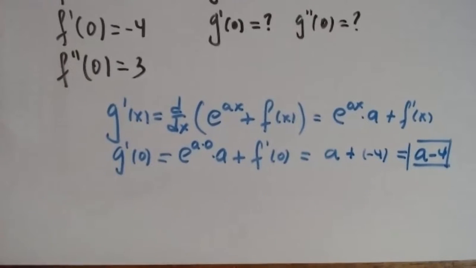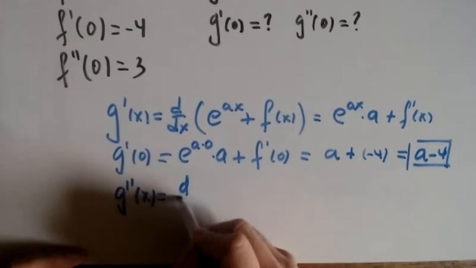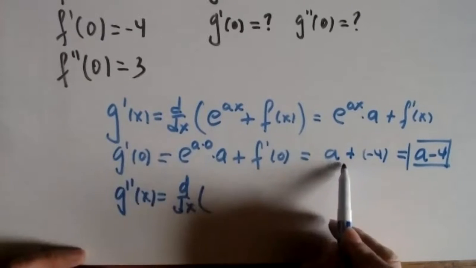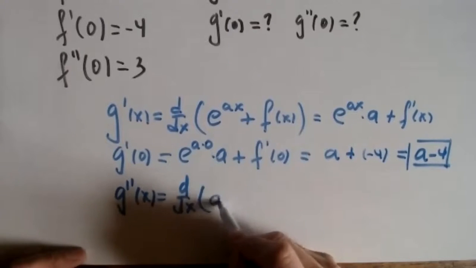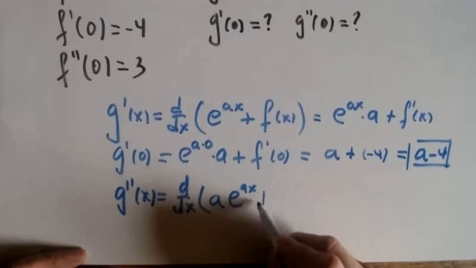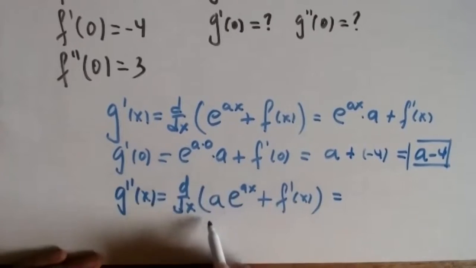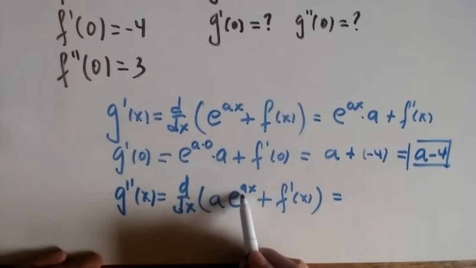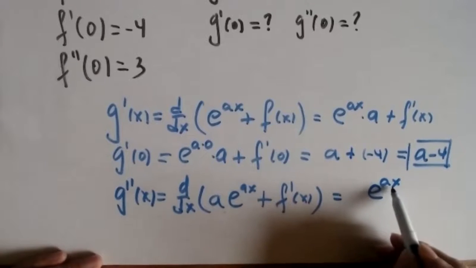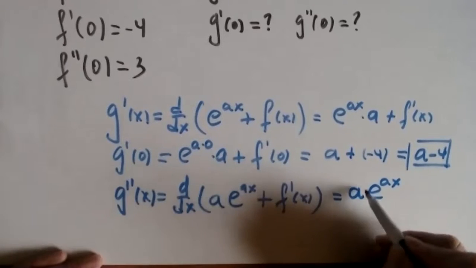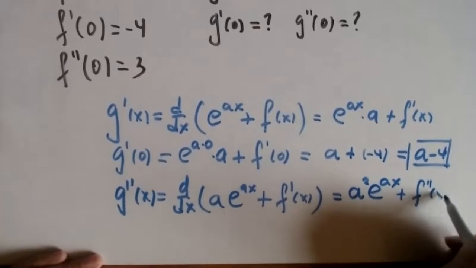The same is going to happen for g double prime. g double prime of x is the derivative with respect to x of the first derivative, so e to the ax times a plus f prime of x. Again, you use the properties: the derivative of this is e to the ax times a, and a times a is a squared, plus f double prime of x.